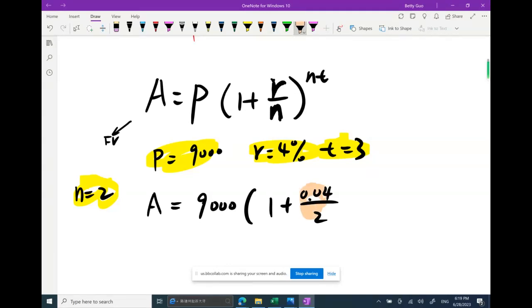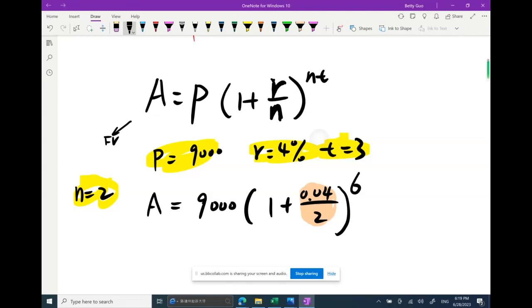This rate is called the semi-annual interest rate, and 1 plus the semi-annual interest rate is the compounding factor in this case. The exponent nt equals 2 times 3, so the interest is compounded twice a year over 3 years, for a total of 6 times.